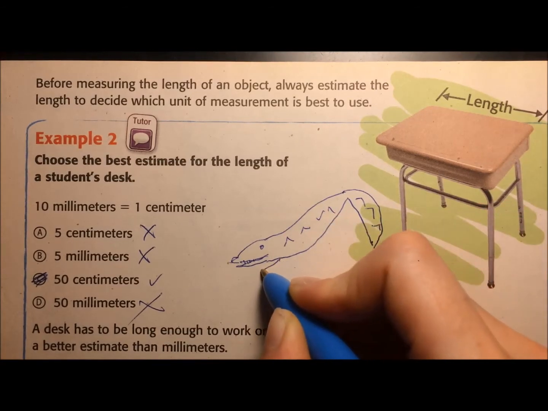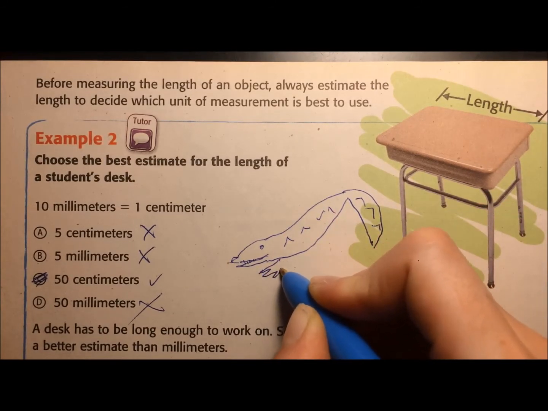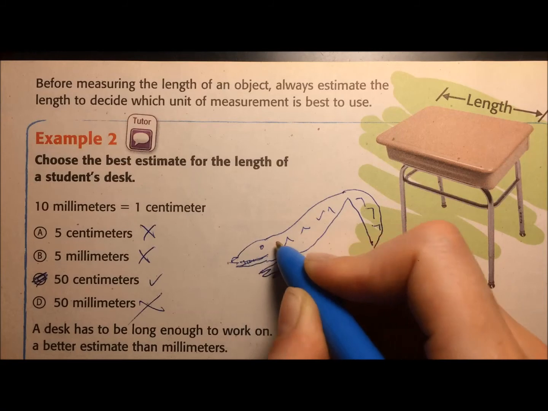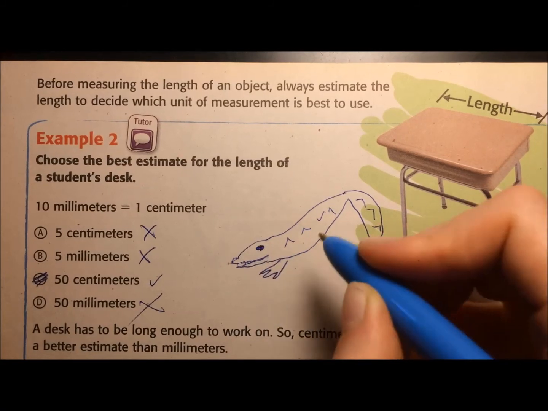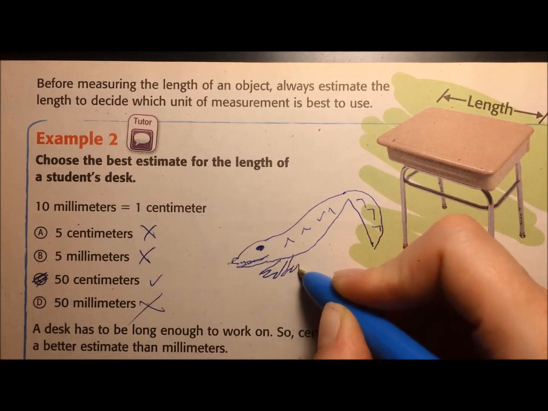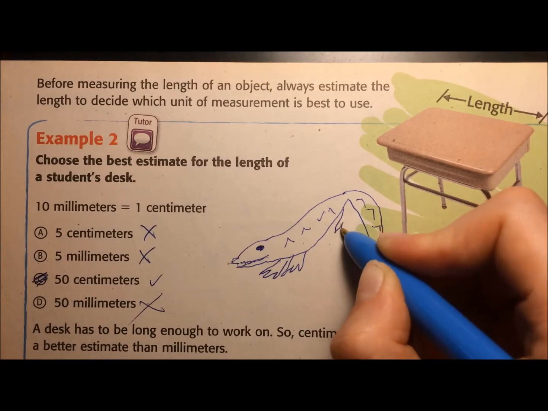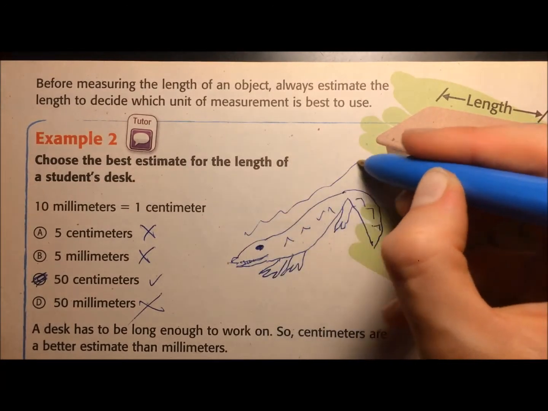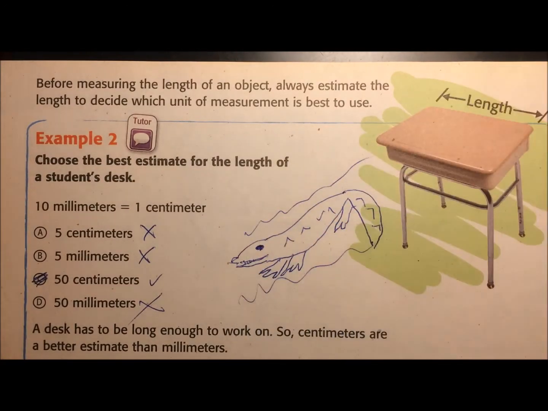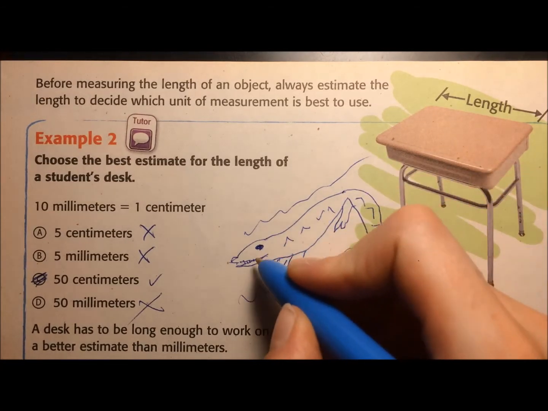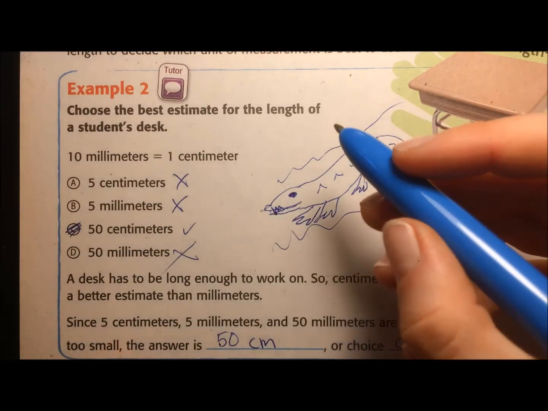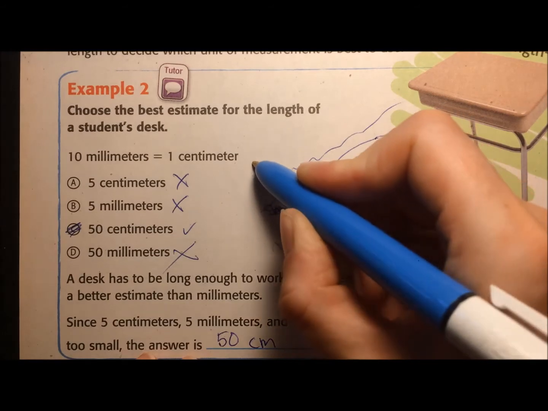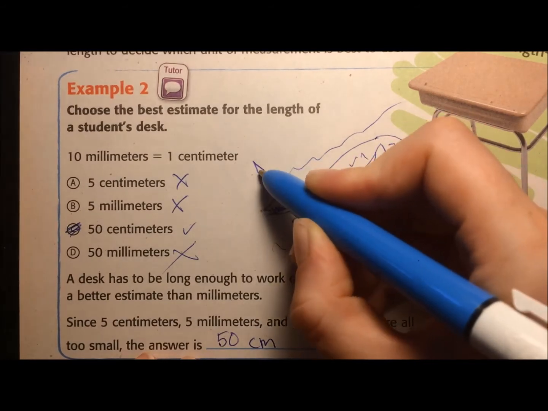Okay, so it's swimming in the water. It's the water all around him. It's a crocodile. But to make it fancy, I drew a unicorn on it.